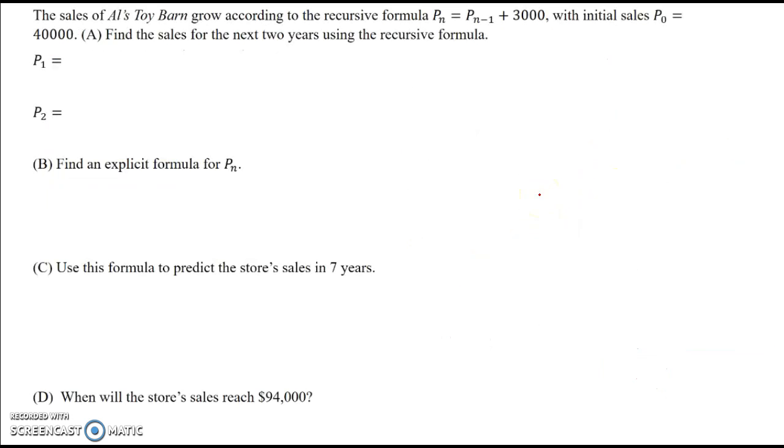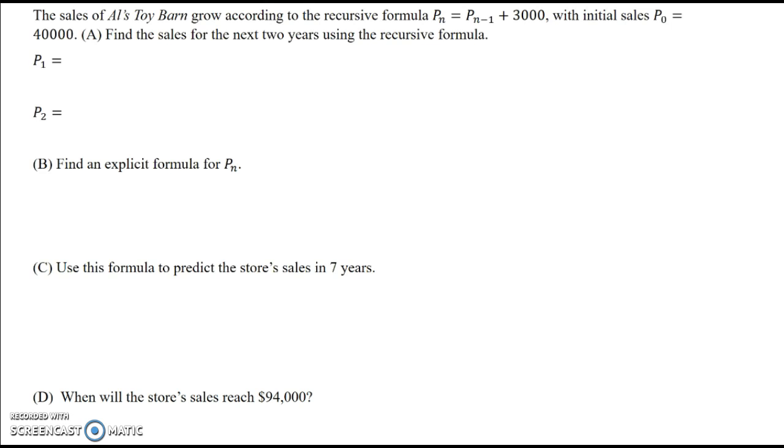All right, let's look at the second question. It says the sales of Al's Toy Barn grow according to the recursive formula P sub n equals P sub n minus 1 plus 3,000, with initial sales P sub 0 equaling $40,000.